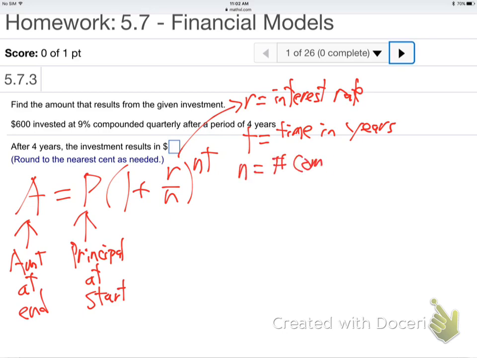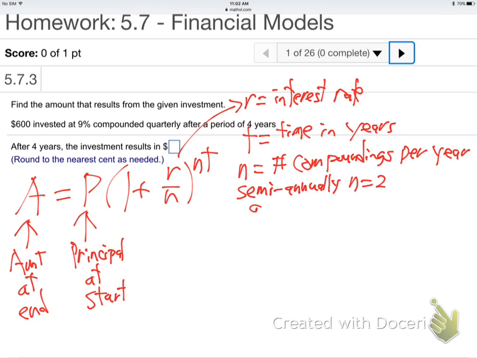It's the number of compoundings per year. So if they say semi-annually, then that's N equals 2. That's twice a year. Semi-annual means twice a year. If they just say annual, that's just once a year.